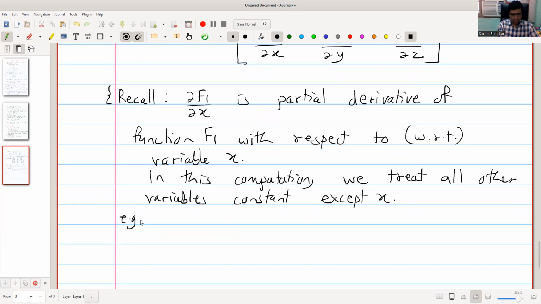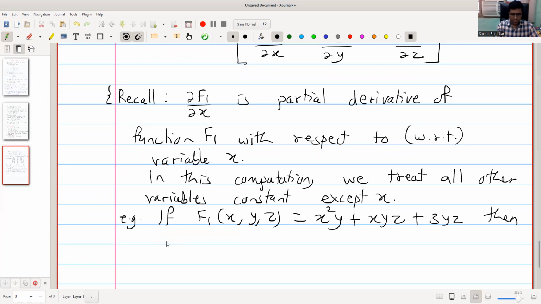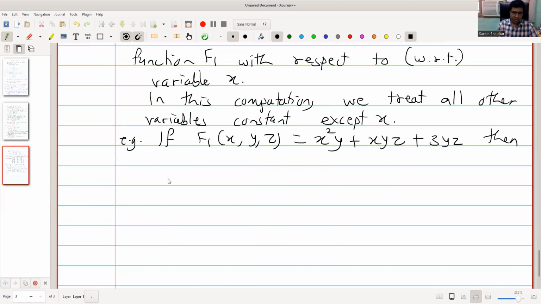For example, if my f1 of xyz equal to x square y plus xyz plus 3yz, then this partial derivative of f1 with respect to x is on the right hand side of f1.